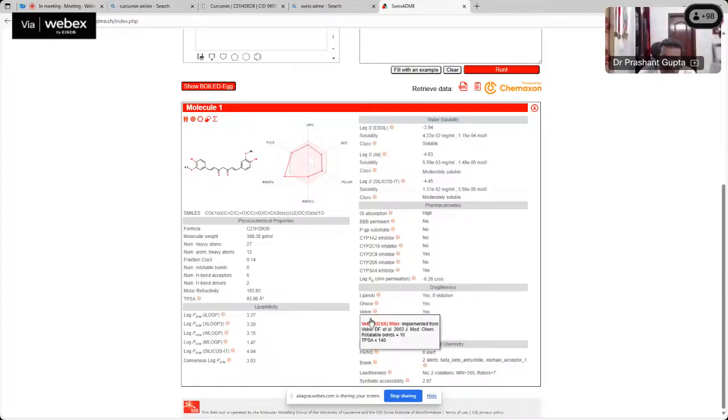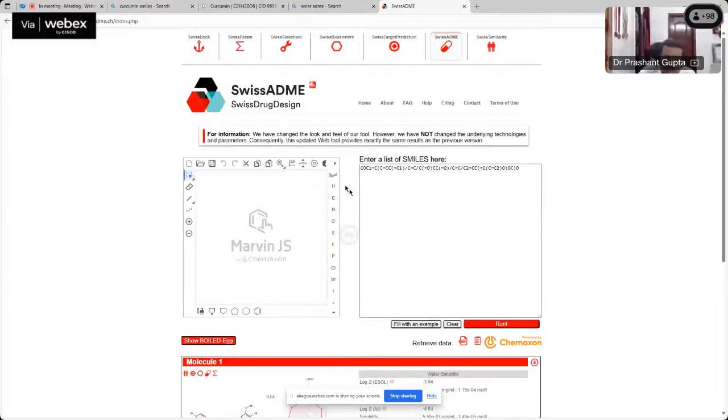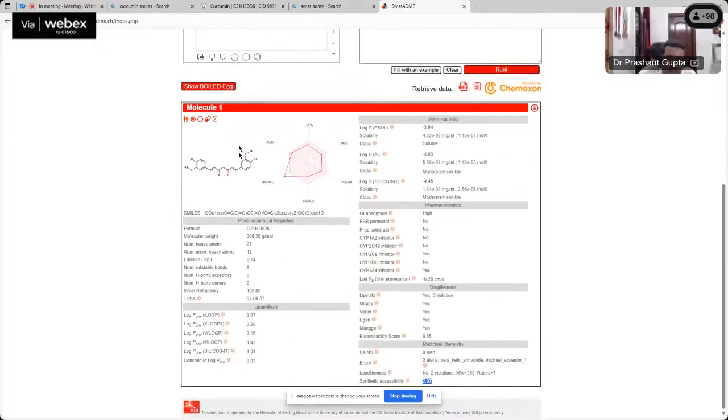The Lipinski, Ghose, Veber, Egan, Muegge filters all qualify. Synthetic accessibility means whether you could construct this structure synthetically in the lab. If the value is high, it is very unlikely that you can make that phytoconstituent in the lab.